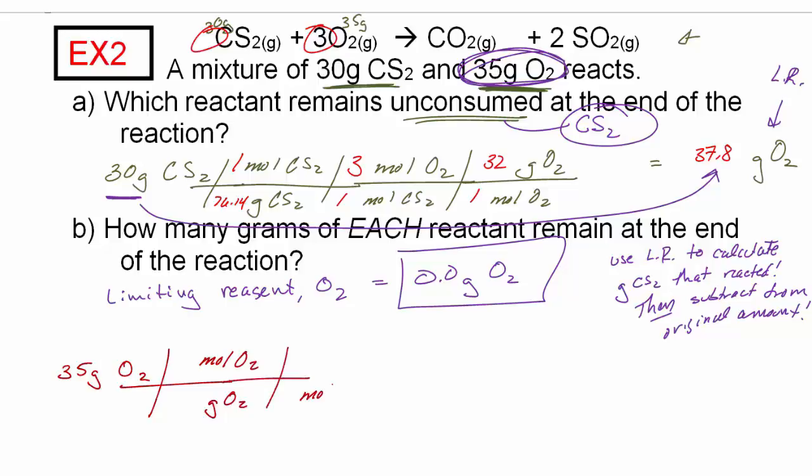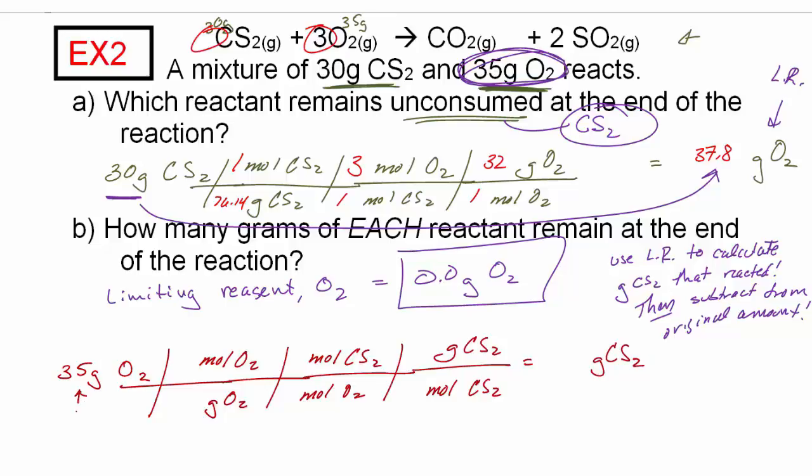Mole bridge. Molar mass. So since this is the grams of oxygen that reacted, that's our limiting reagent, that's going to be the grams of carbon disulfide that reacted.